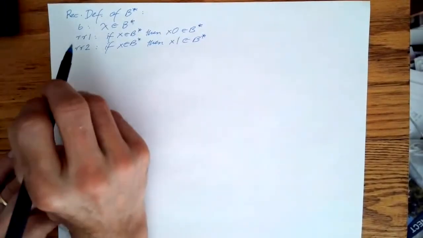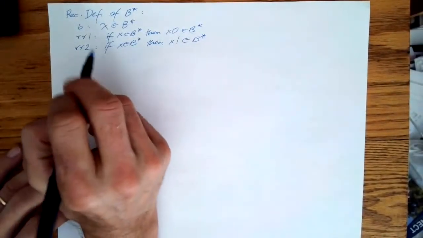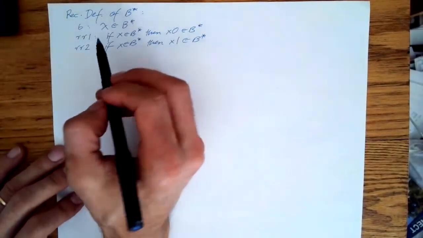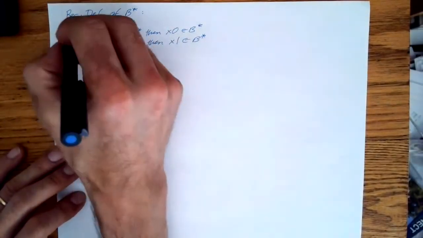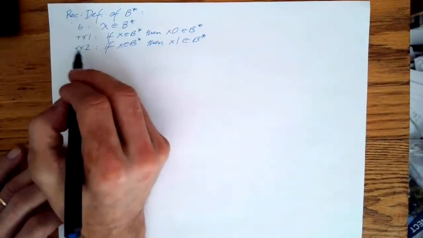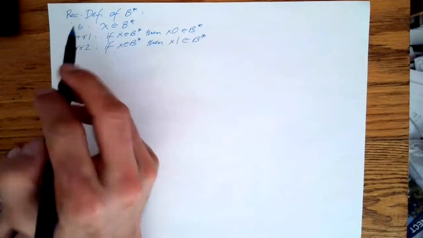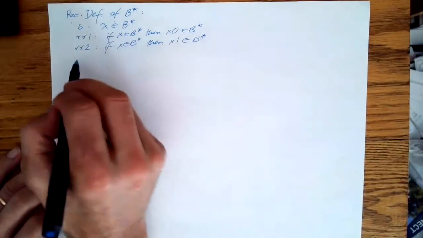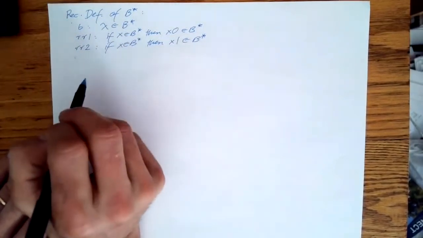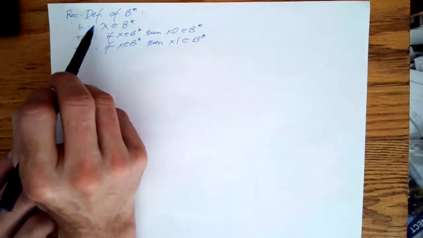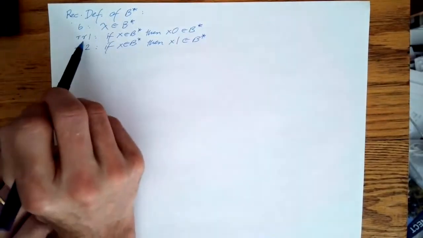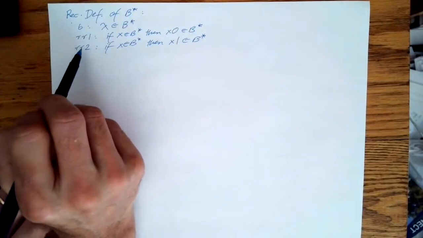Okay, so the way you should interpret such a recursive definition is B star, and then there is this invisible exclusion statement that nothing else is in B star but elements that are created either by the base rule or by some application of recursive rules.